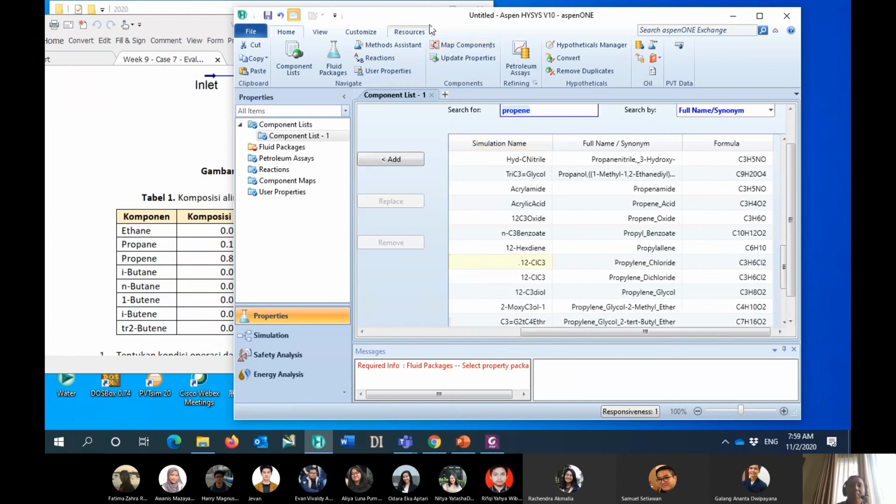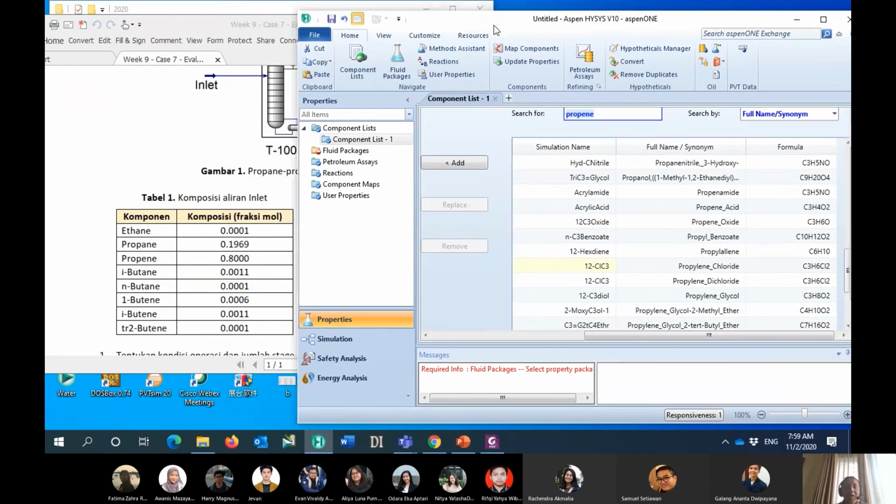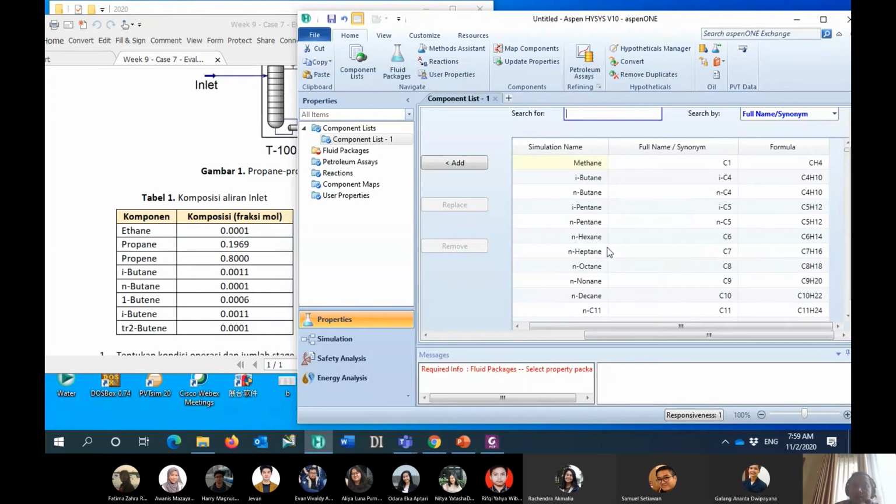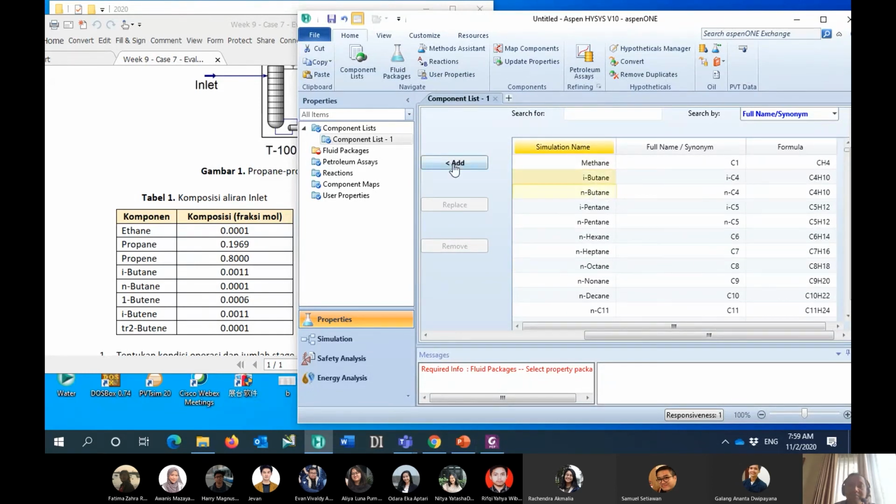And for the butane, it will be isobutane and normal butane.